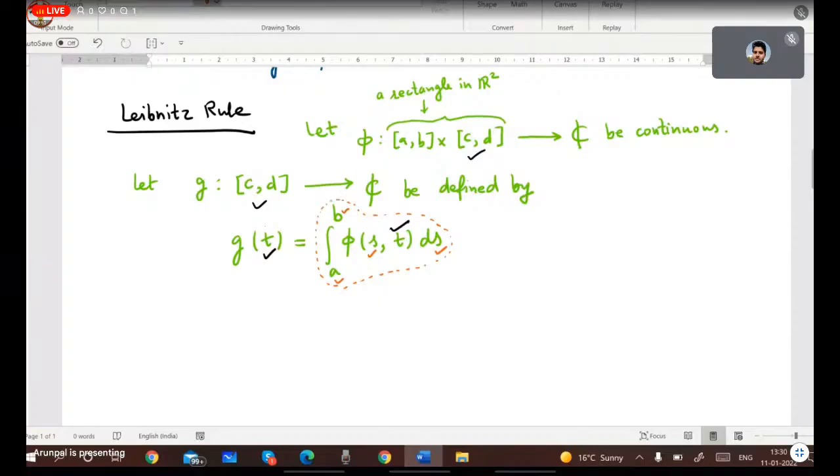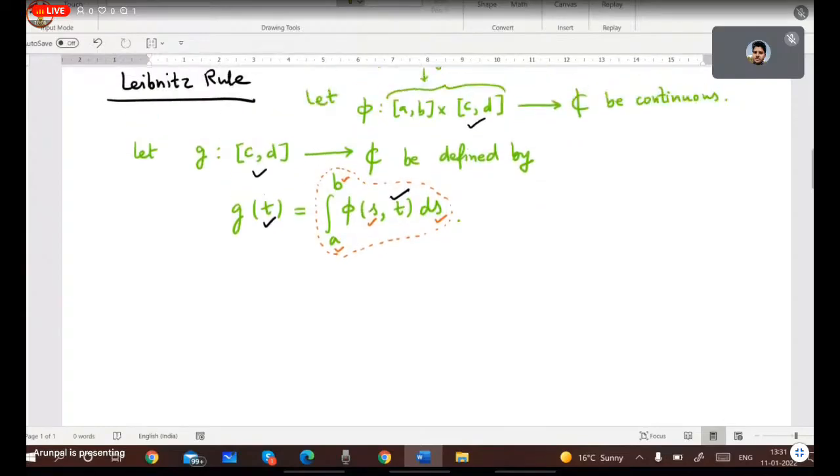So we have phi, a continuous complex valued function defined on a rectangle in R2, and g, a complex valued function defined with the help of this integral. Then, class, the Leibniz rule says that, number one, g is continuous on the closed interval [c,d].